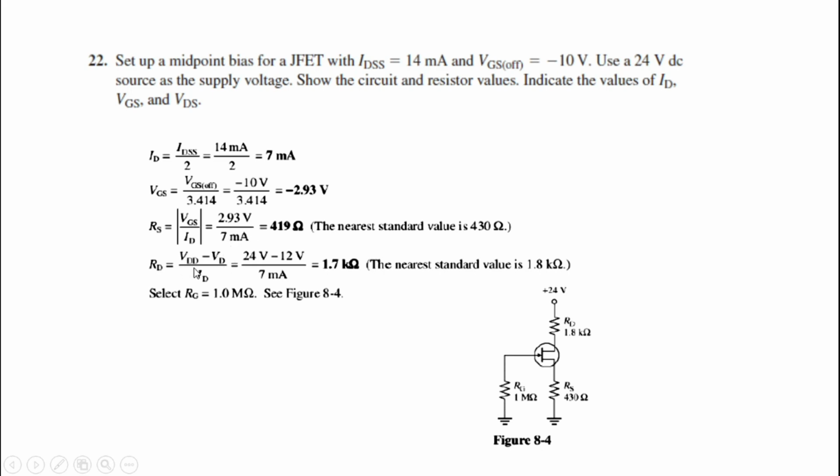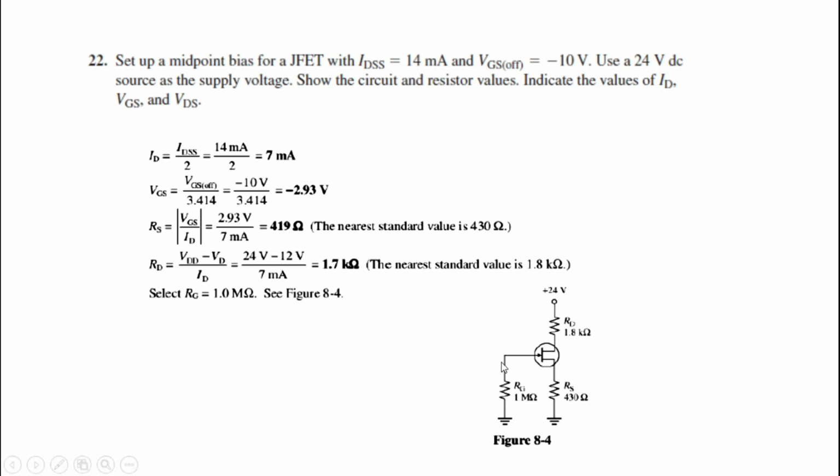So your VDD is given 24 volt minus your VD, which is equal to VDD divided by 2, that is 24 divided by 2, which is equal to 12 volt, divided by 7 milliampere. So you'll be getting your RD value equal to 1.7 kilo ohms. So the nearest standard value is 1.8 kilo ohms.